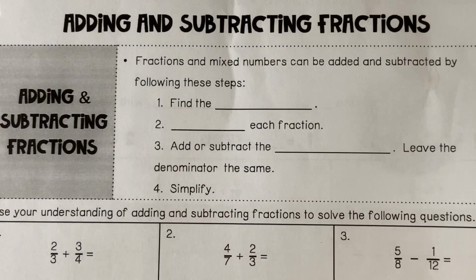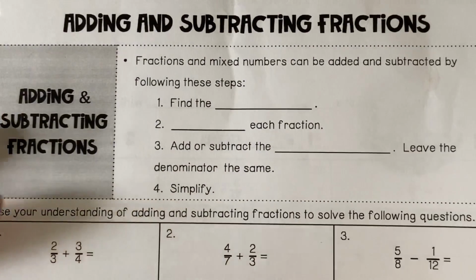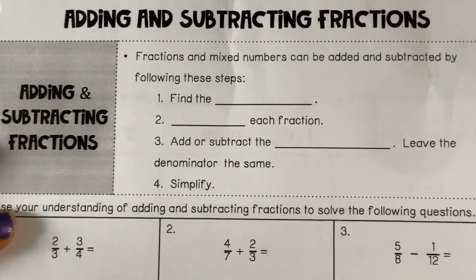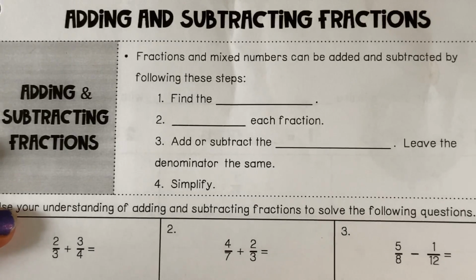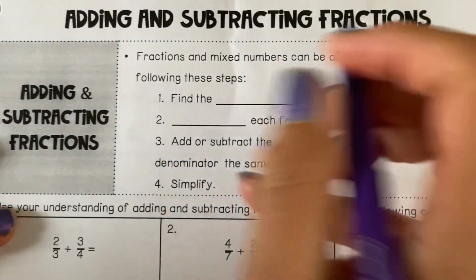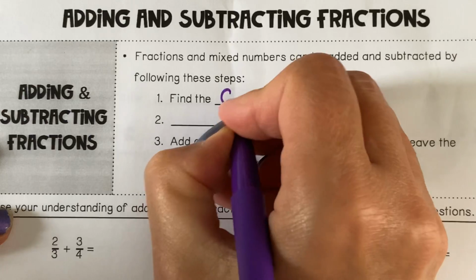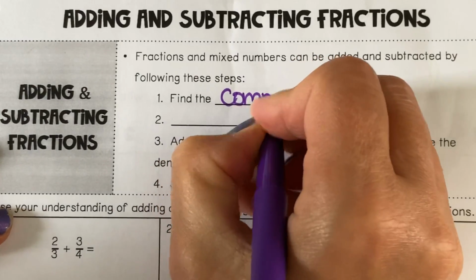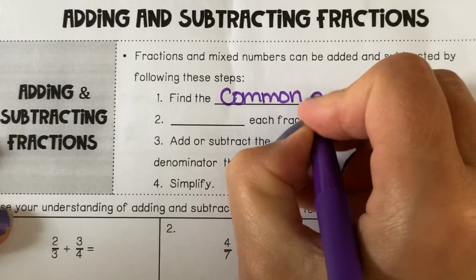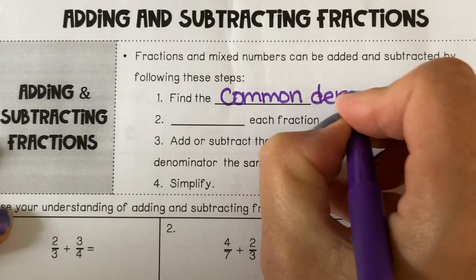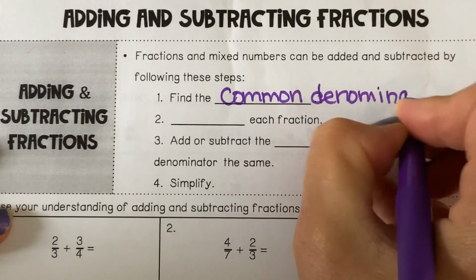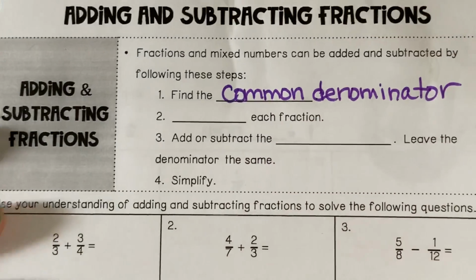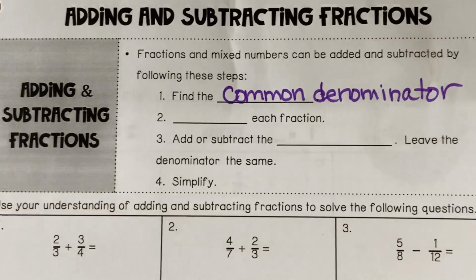Fractions and mixed numbers can be added and subtracted by the following steps. Find the common denominator. Okay, so that is the first thing you have to do.